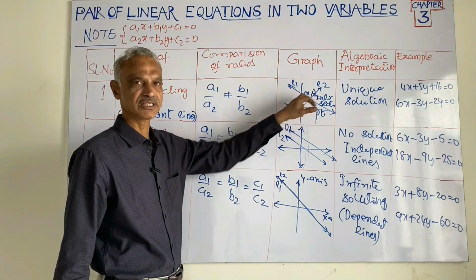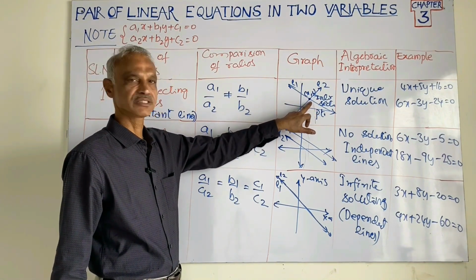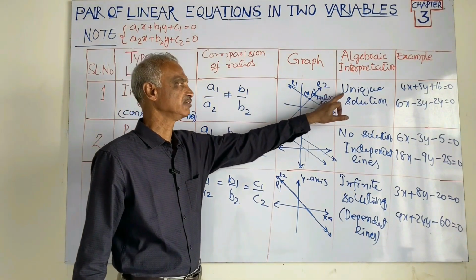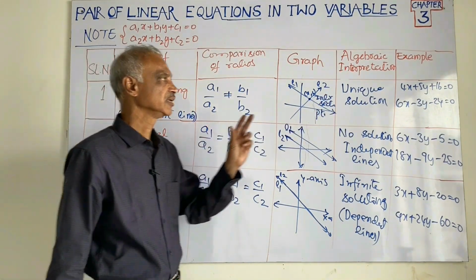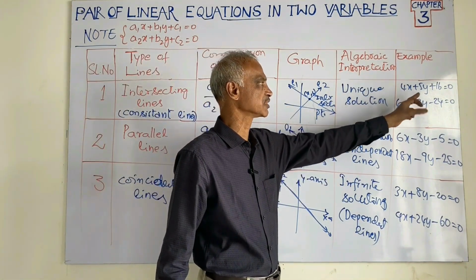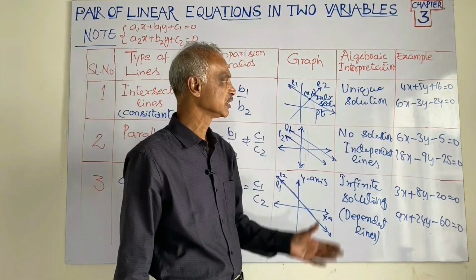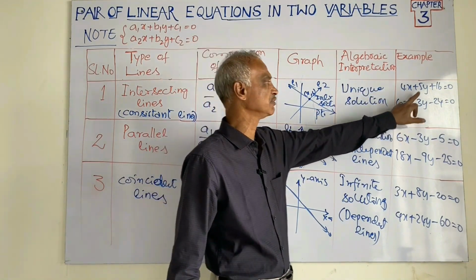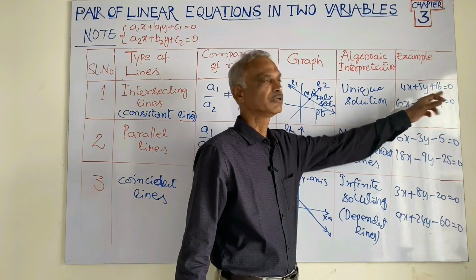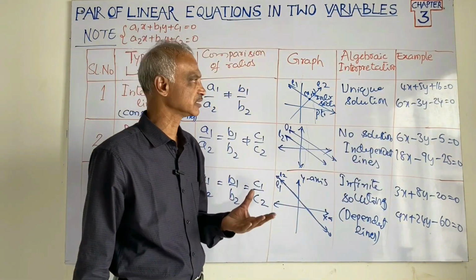They are intersecting lines. The intersecting point is in the form (x, y). It will have a unique solution. Unique solution means only one solution. You see, I will take the example 4x plus 5y plus 16 is equal to 0. Here a1 is not equal to a2, b1 is not equal to b2. You don't bother about c1 and c2.